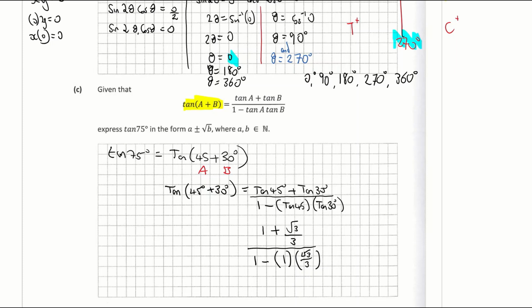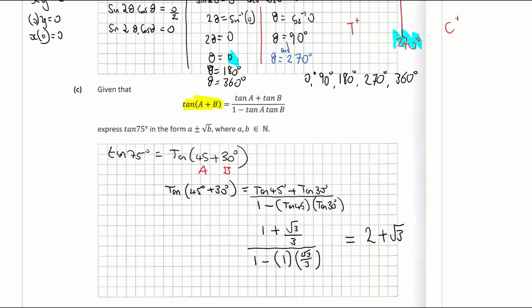And if I go to my calculator and type in that fraction, I will get a simplified answer of 2 plus root 3. And that's what they wanted. Again, they asked to express tan 75 in the form A plus or minus root B, and I got 2 plus root 3. And that is the answer to question 5.